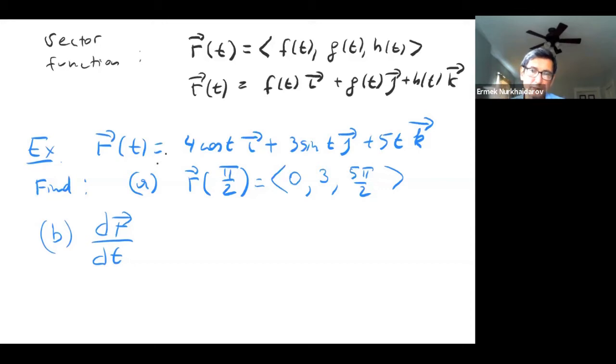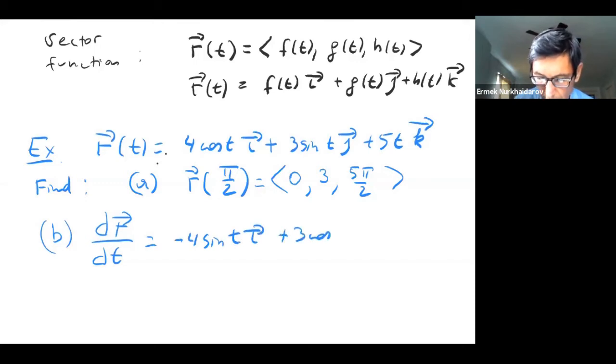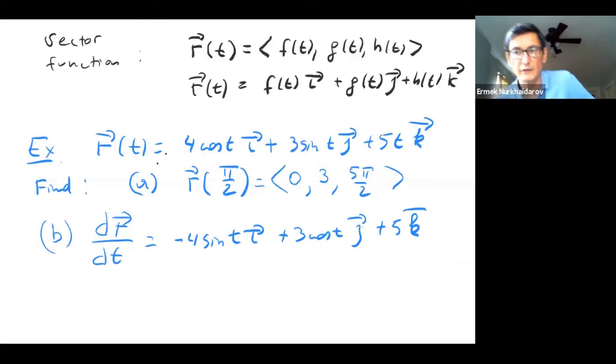Okay, so for example, here, the derivative of cosine is negative sine. Keep i. Derivative of sine is cosine. Keep j. Derivative of 5t is 5. So taking derivatives is as easy as it was in calculus 1. If you're good with derivatives, all you have to do is do them by coordinates.